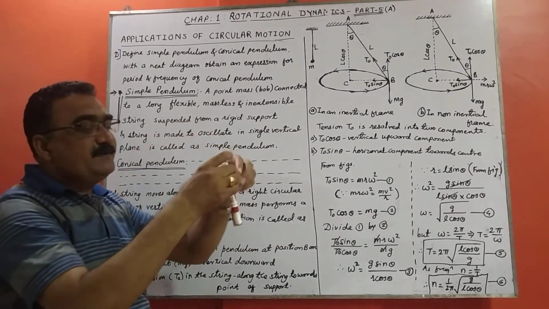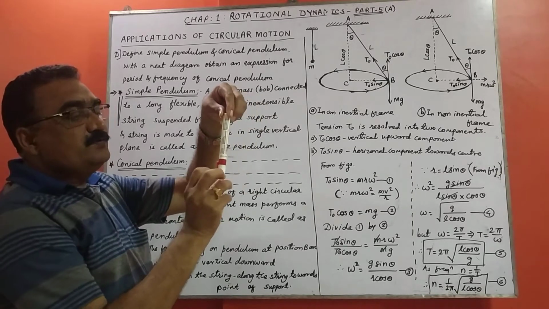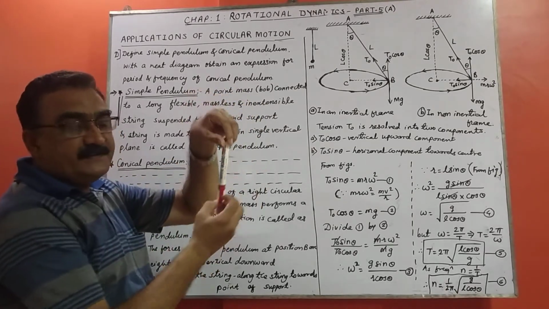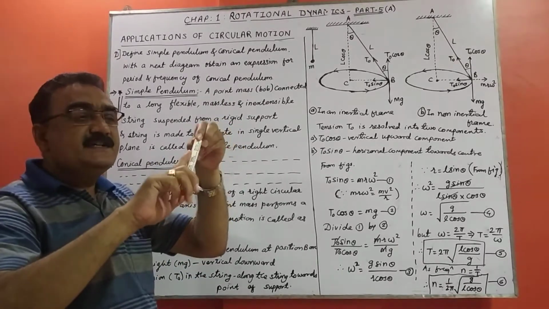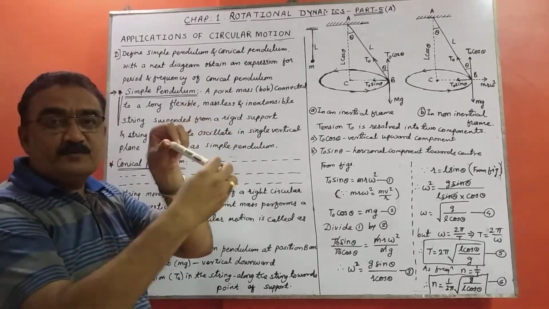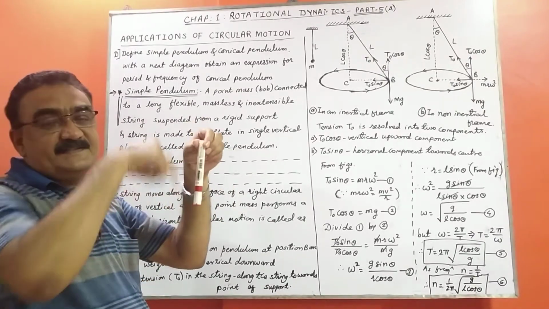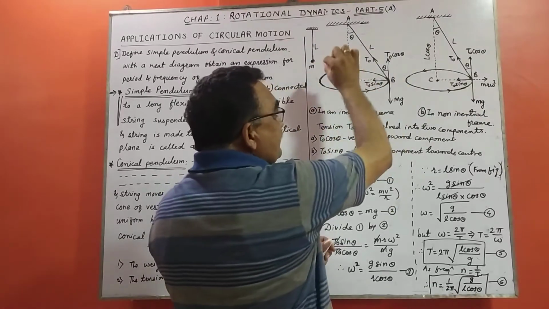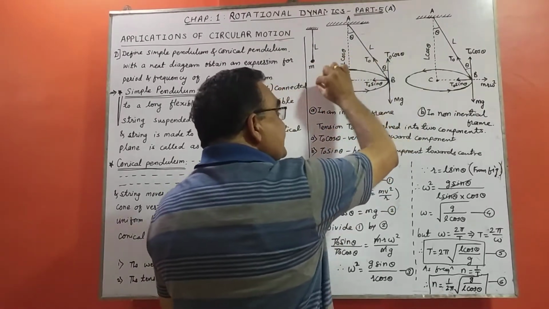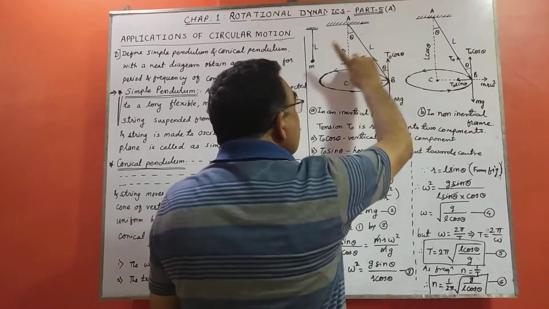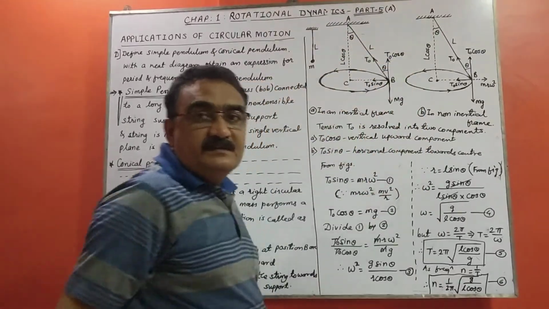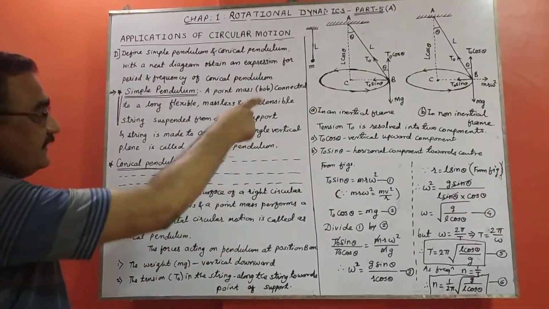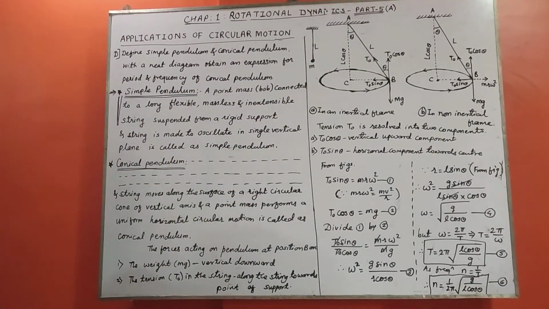Suppose this is a pendulum. To this bob we give such a motion that the bob describes a horizontal circle, and this string sweeps over the surface of a cone along this vertical axis. Here is a bob, we give this type of motion, it performs this horizontal circle, and this string moves over the surface of the cone, and this is the vertical axis. So from that diagram again we can make the same definition.